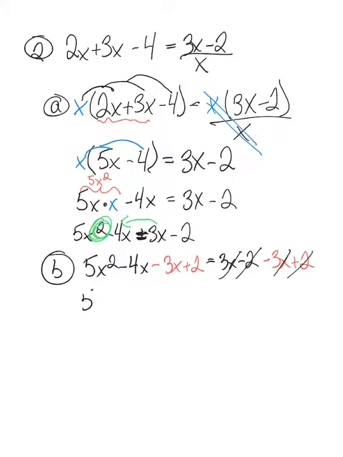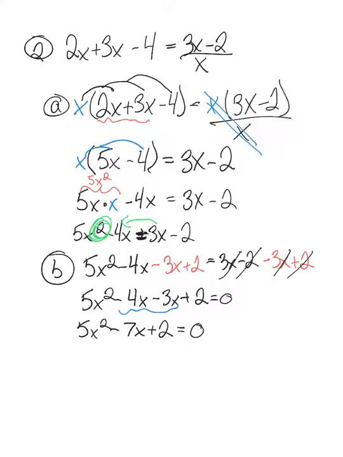So we are left with 5x squared minus 4x minus 3x plus 2 equals 0. Or we can combine the two x's because they are the same amount of x's, which will get 5x squared minus 7x plus 2 equals 0.